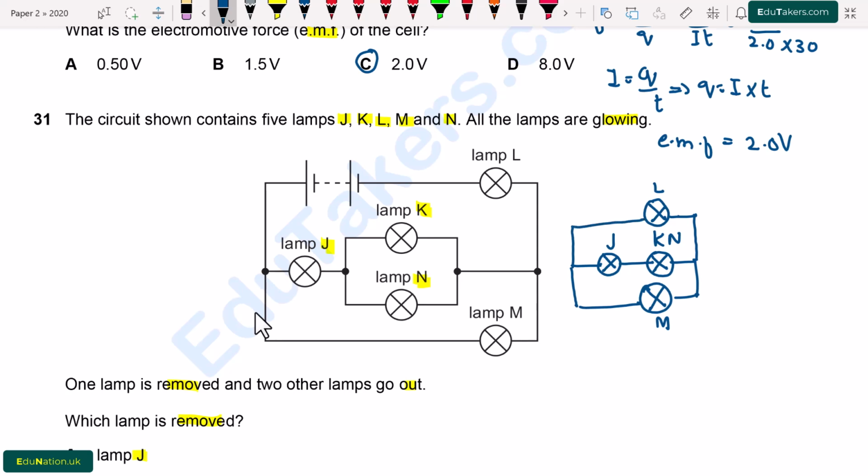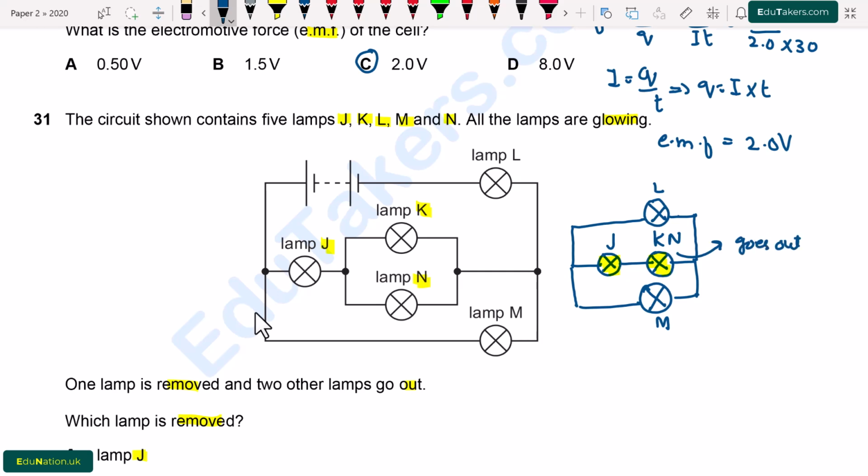So there is no effect in the parallel circuit if one of the bulbs is removed. But in the series circuit, if one of the lamps is removed, all others go out. It means that if I consider J, K and N, if I remove J, then K and N go out.